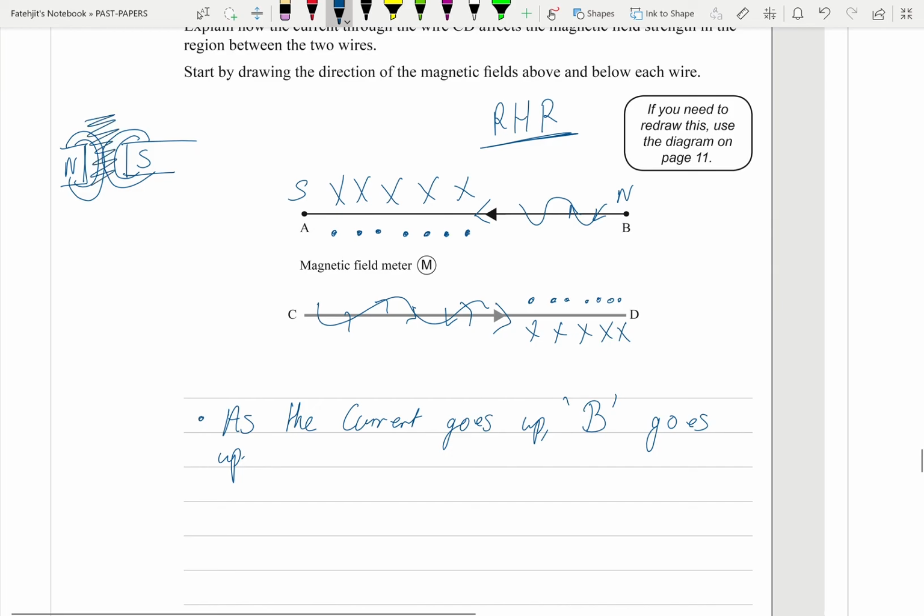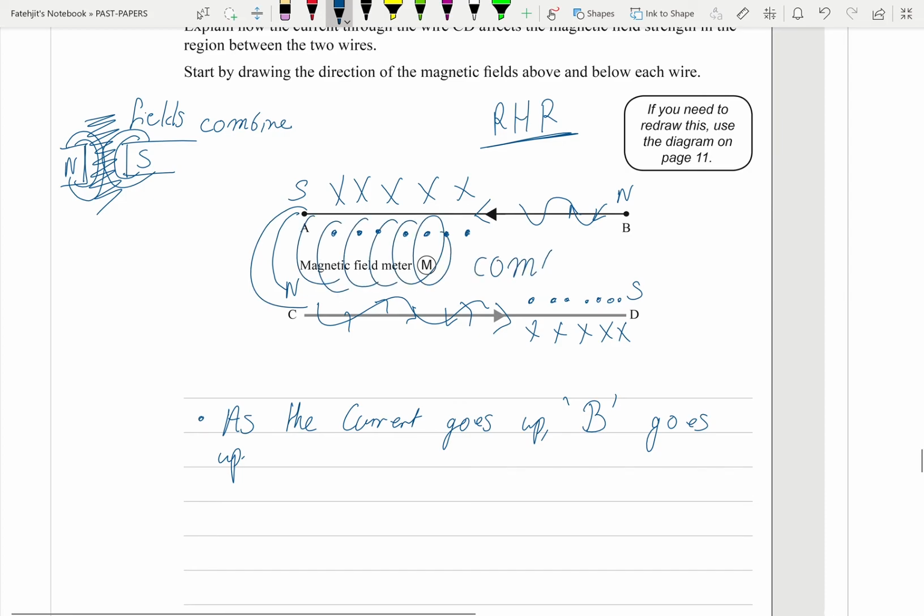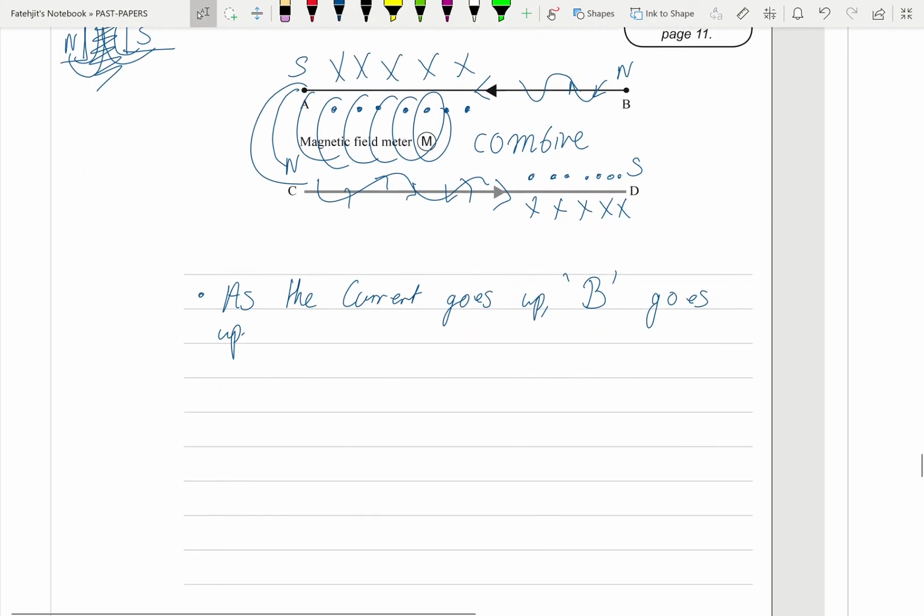Here in the middle, the two fields combine. Cool. So here is north, so these two will combine here.